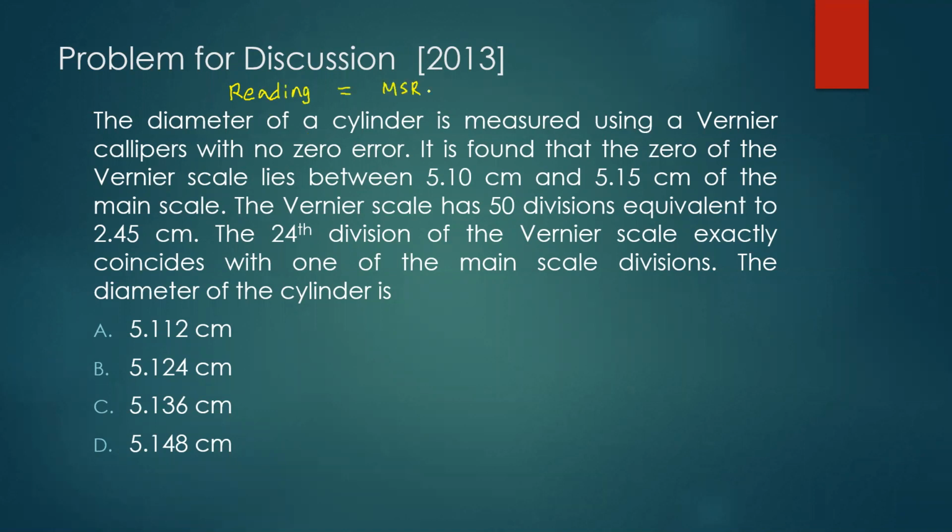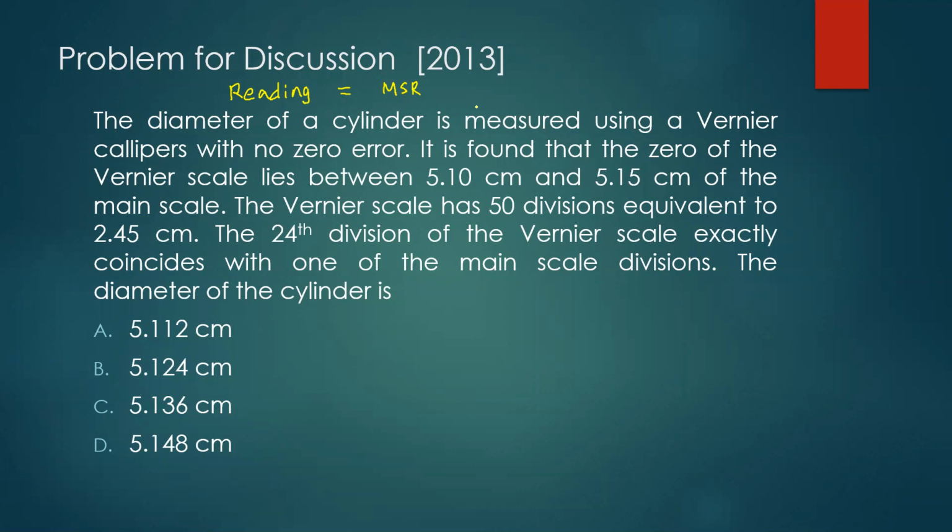If the zero of the vernier scale coincides exactly with one of the main scale readings, then that is the answer. If it doesn't coincide, some division of the vernier scale will coincide with one of the main scale divisions. You understand?